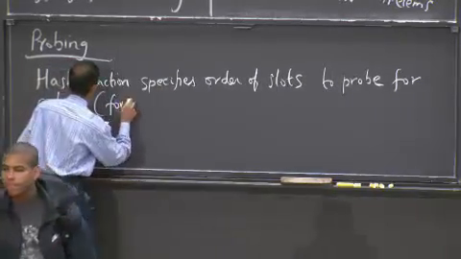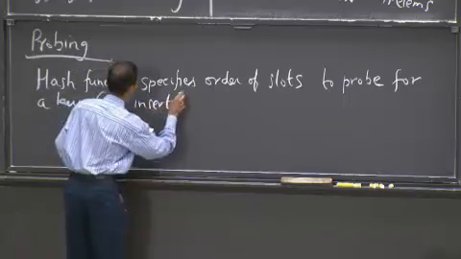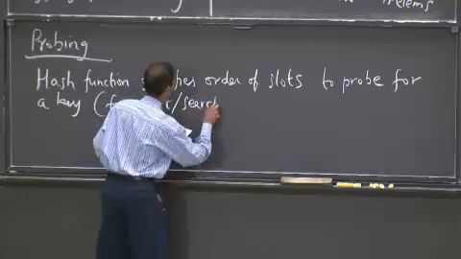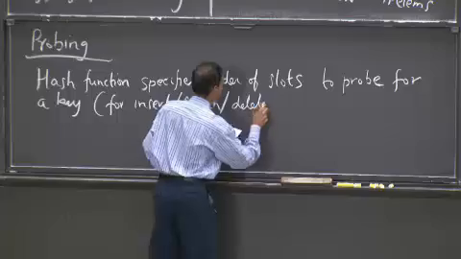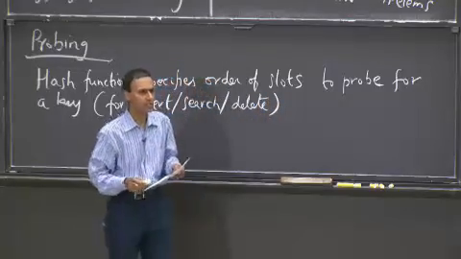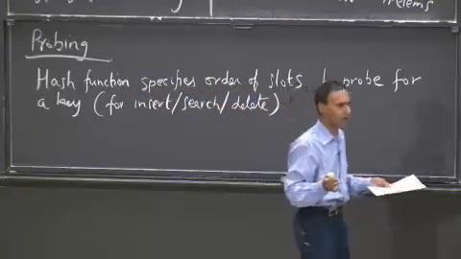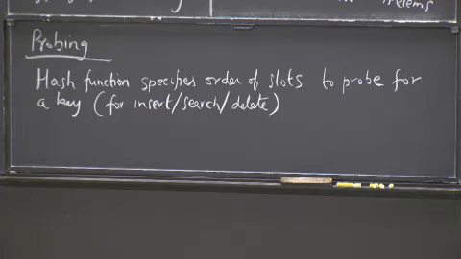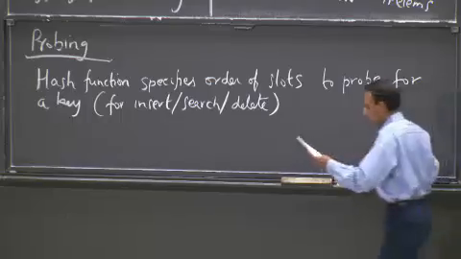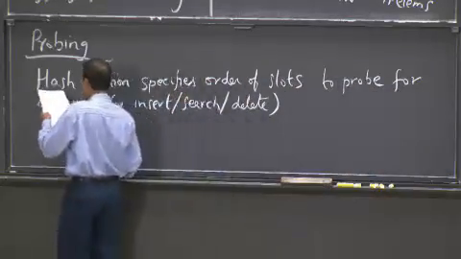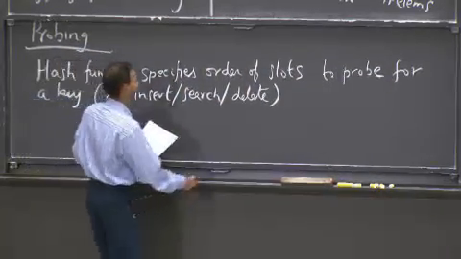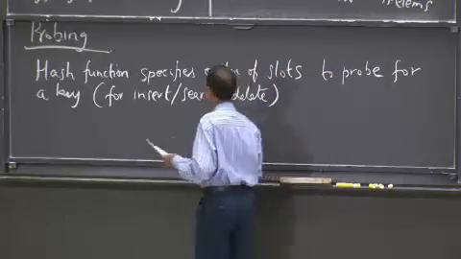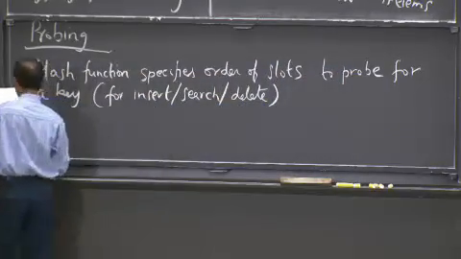And this is going to be true for insert, search, and delete, which are three basic operations, and they're all a little bit different. All right? Just like they were different for the chaining hash table, they're different here, but they're kind of more different here. And you'll see what I mean when we go through this. And this is not just for one slot. It's going to specify an order of slots.